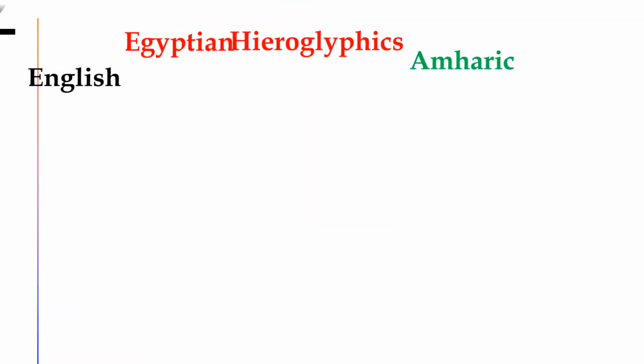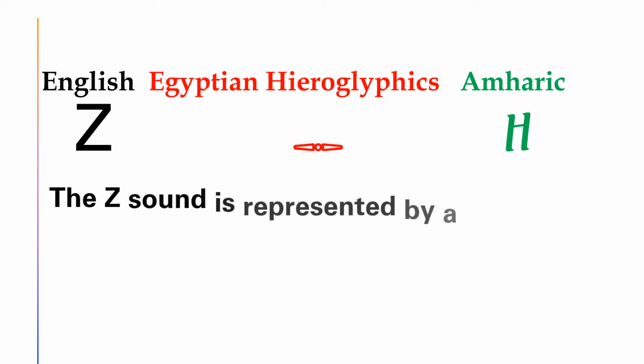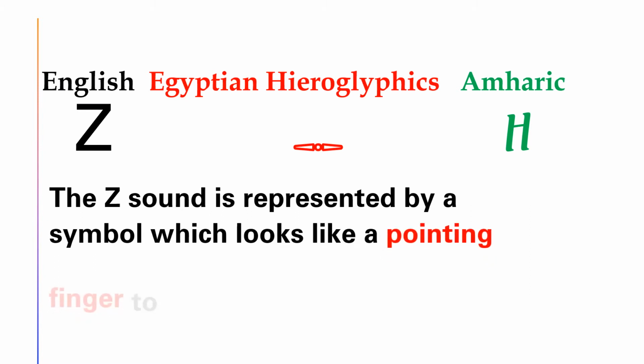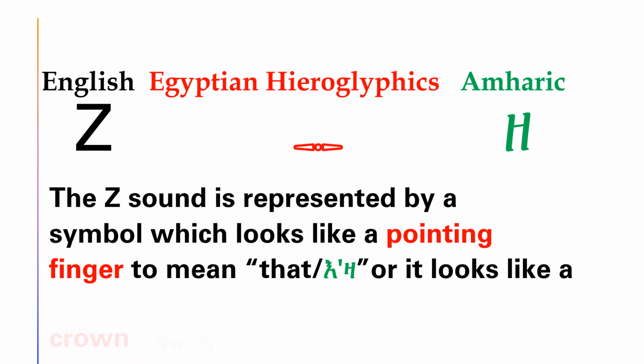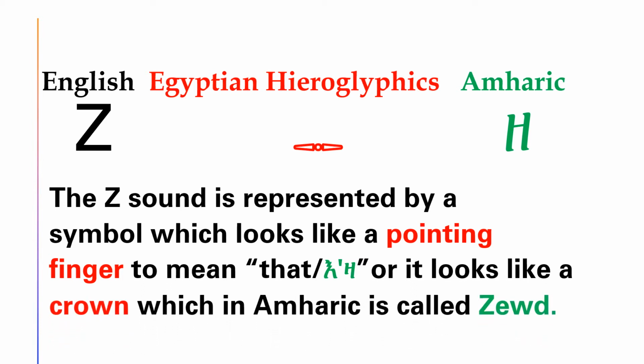Comes the next symbol. For the Z sound, I have taken what looks like a pointing finger, for the Z sound in English. It can be a pointing finger. It looks like a pointing finger, and it also looks like a crown. And what's amazing is that in Amharic, we call a crown zawd.